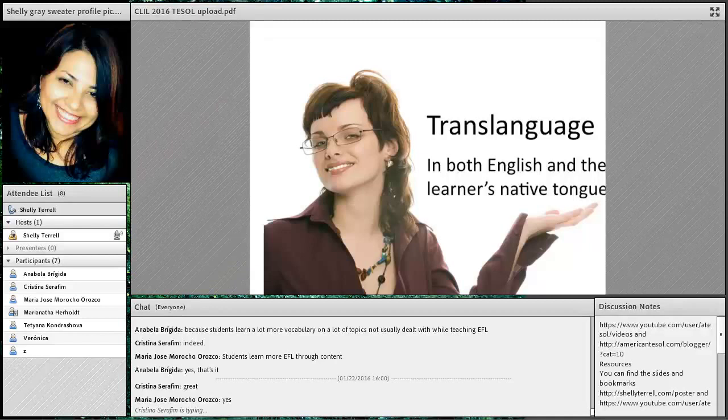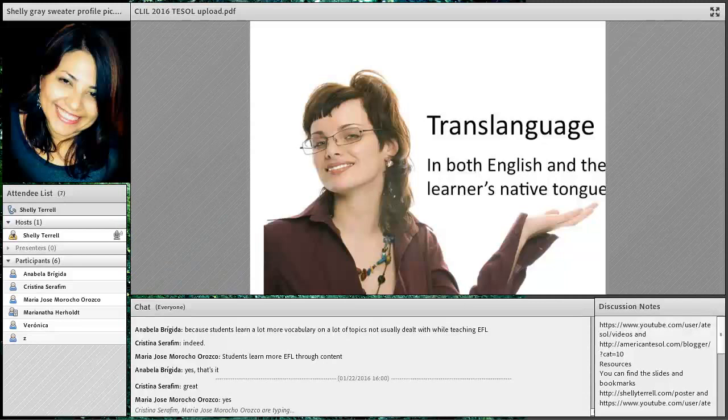Translanguaging. Sometimes when teachers are starting off, they find it very difficult. One of the participants in the chat box had mentioned earlier that it can be very, very difficult. And that's where translanguaging comes in, because sometimes they'll do it in both English and the learner's native tongue, because you can imagine that teaching math and science and biology and geography and chemistry to language learners in English can be very, very difficult for them.